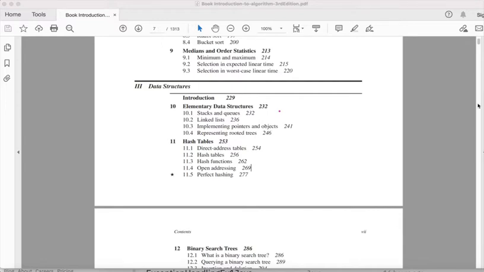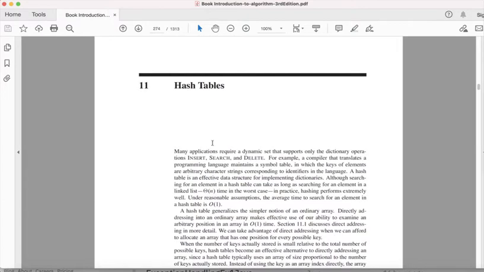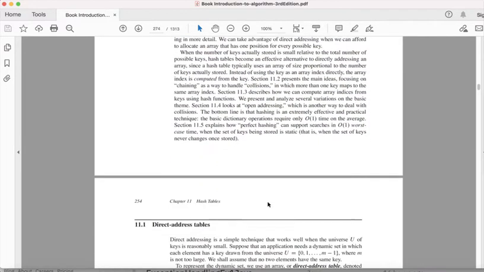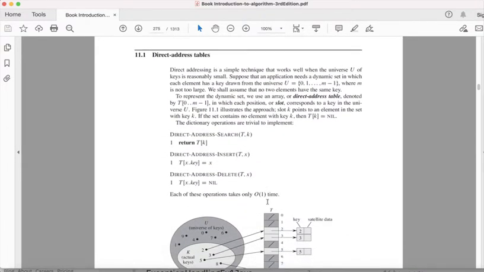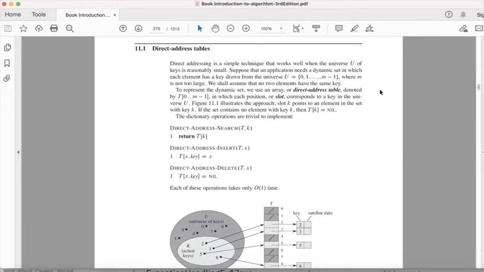Now let us jump to the book and see what the book has. This is the hash table, and the page number is 274. You see that our goal is to reduce the searching time with hash tables. One of the simplest and most naive ways of developing hash tables is called direct address hashing.